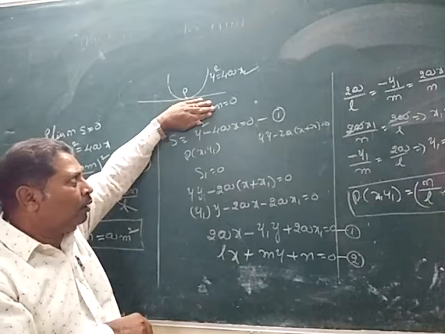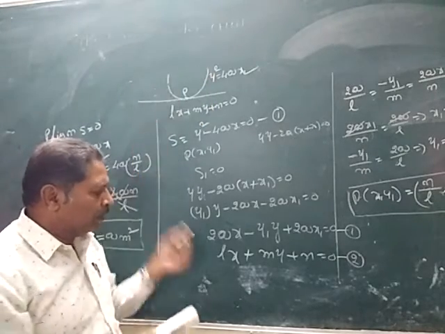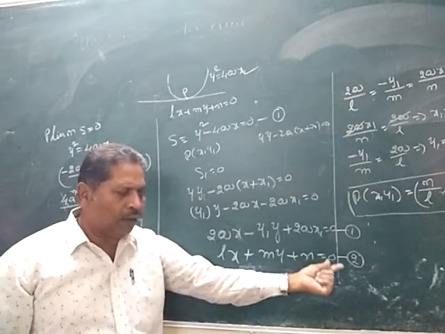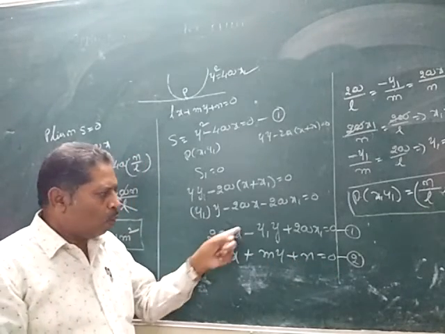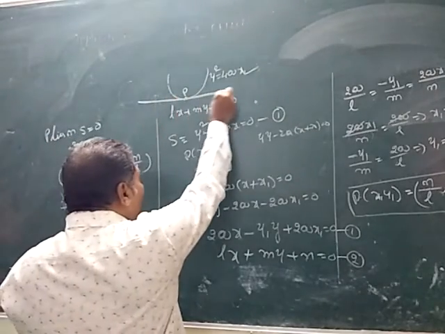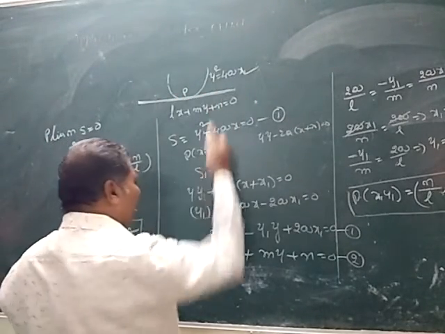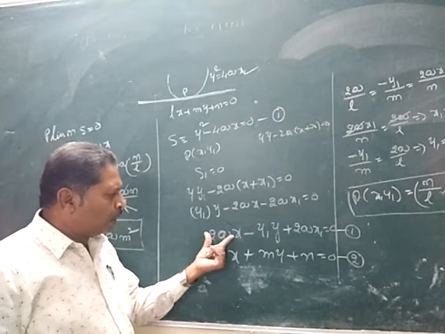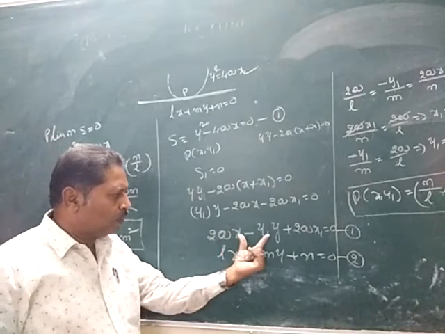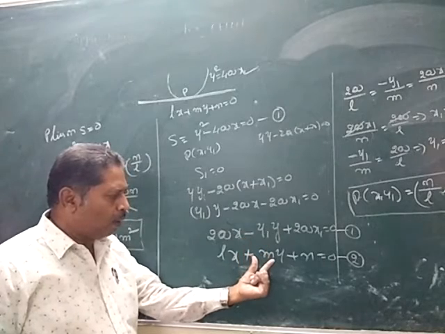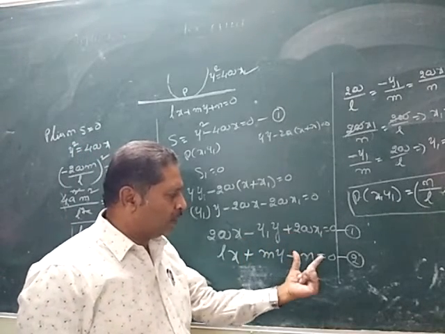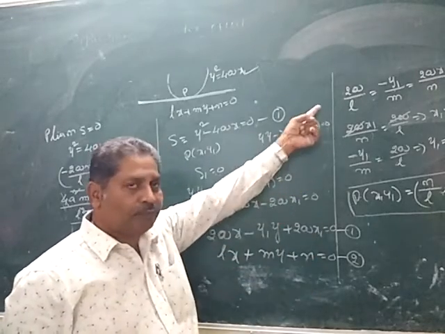But the given line equation is Lx plus my plus n equal to 0. One and two represent the same line. So coefficient of x by coefficient of x equal to coefficient of y by coefficient of y equal to constant by constant.